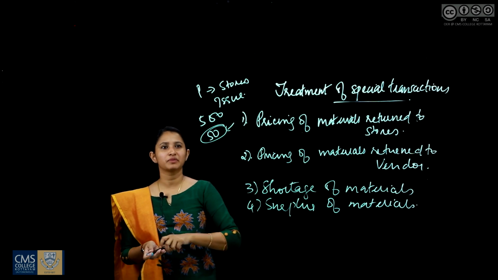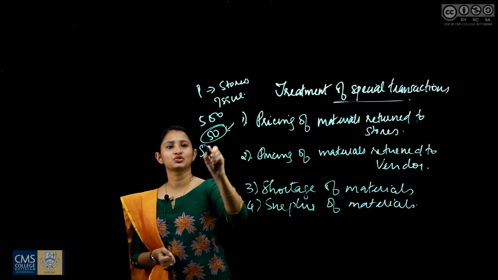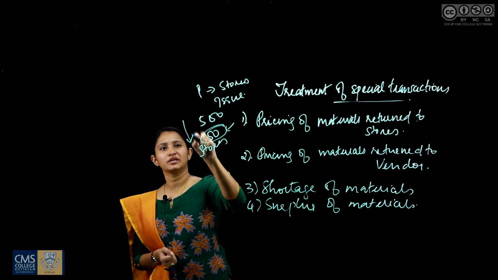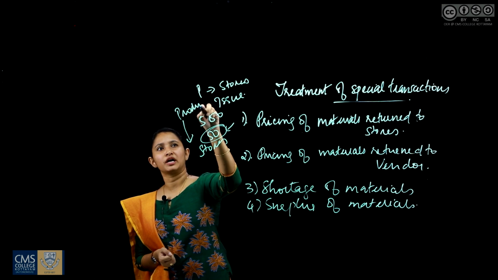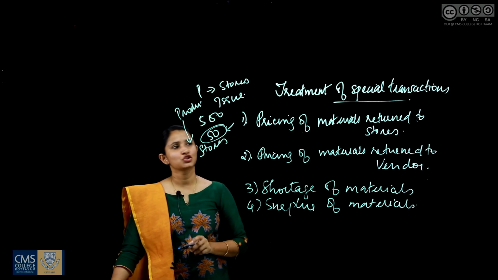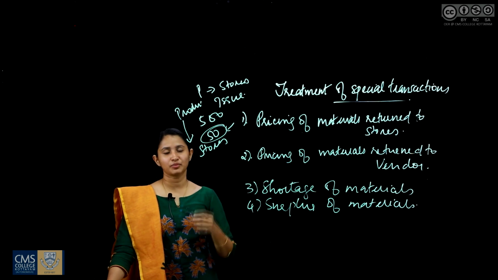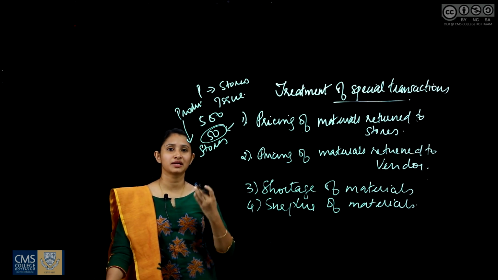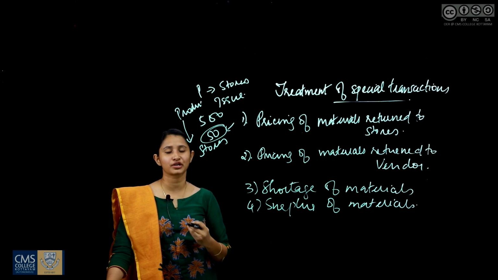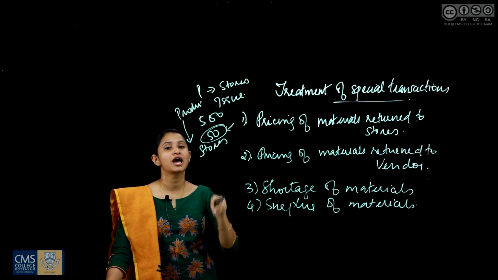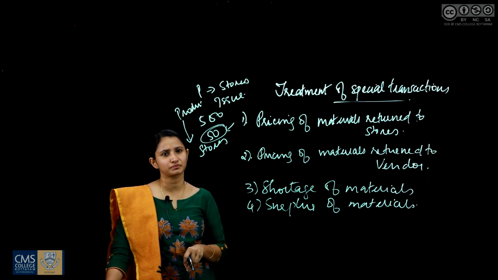So the production department is returning 50 units to the stores department. That is what is meant by pricing of materials returned to stores. The production department is returning the materials which it does not require for production on a particular date back to the stores department.